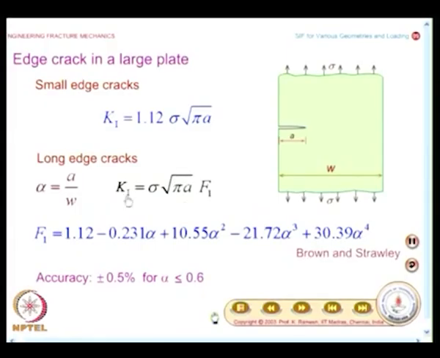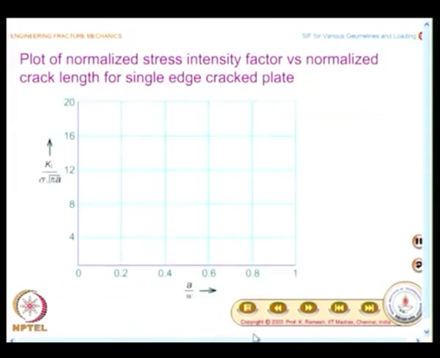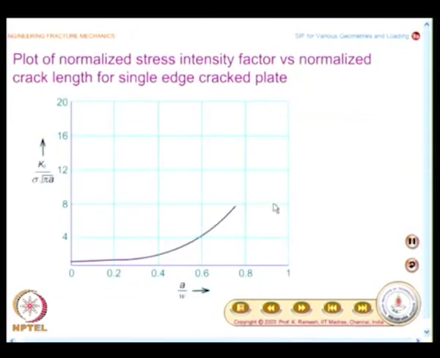So, you have to use the correct value of alpha and then evaluate the expressions, and you also have a variation provided as a graph. That gives you how SIF varies, and the variation is much sharper than what you have in the case of a center crack.